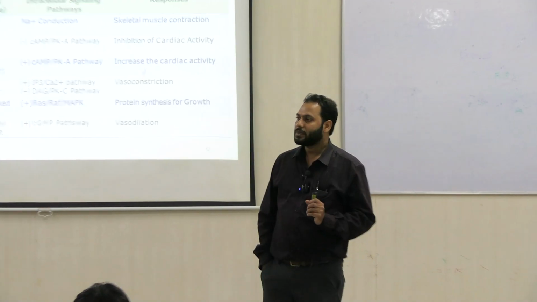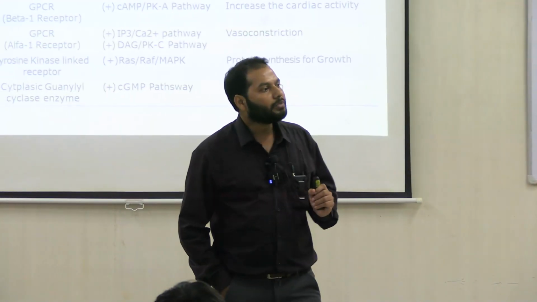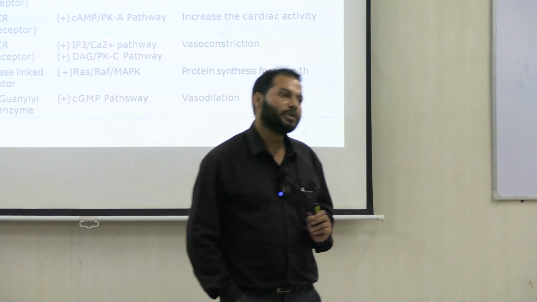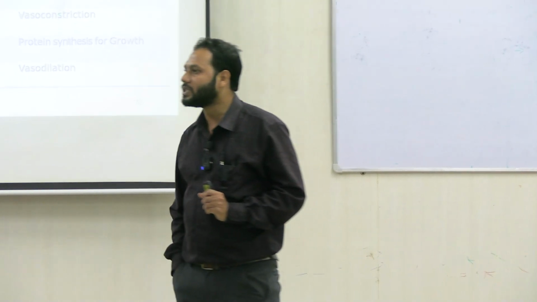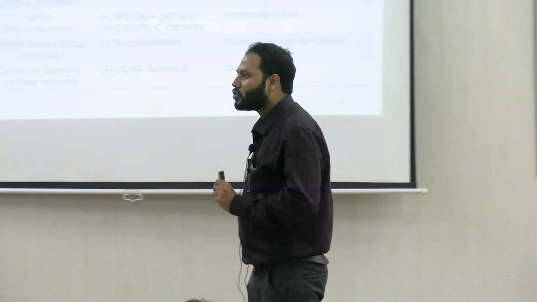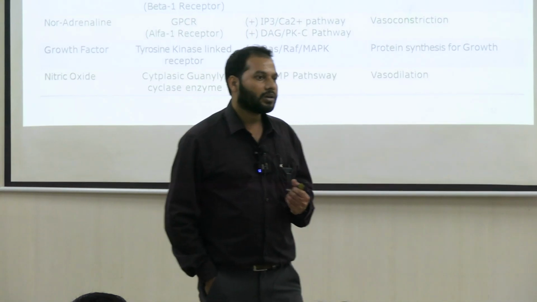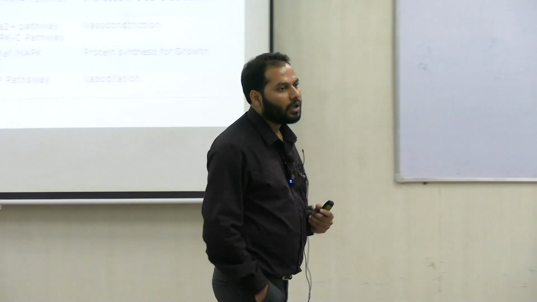G protein is a protein molecule, an active component of the signaling cascade. G protein has some specific structural features. So what are those structural features? It is composed of protein subunits called alpha, beta and gamma subunits.